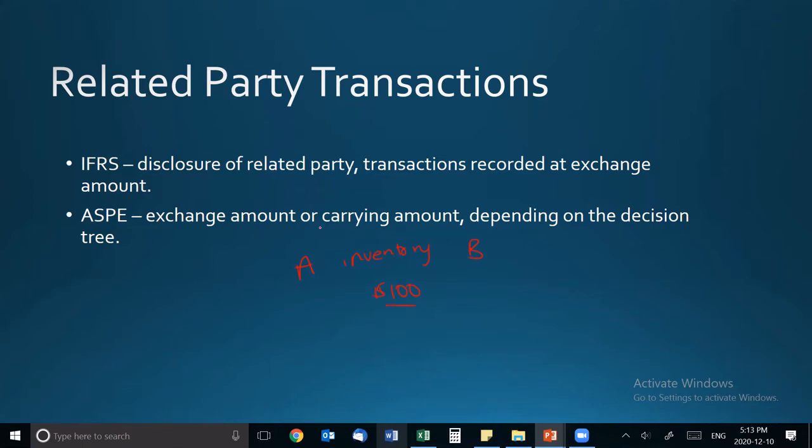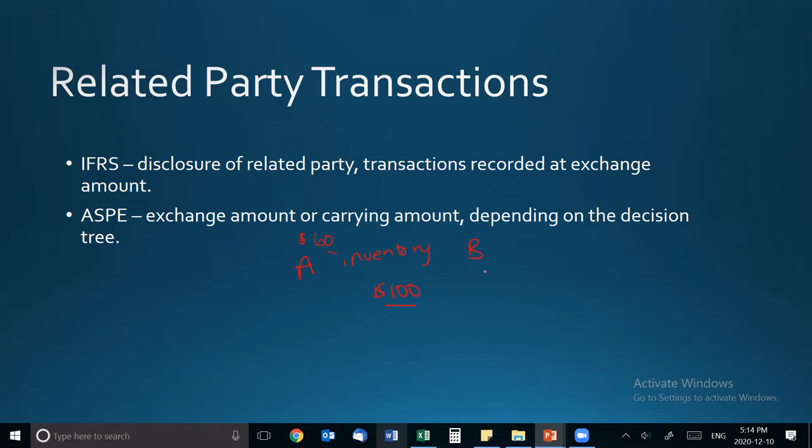So it's either the exchange amount, or the carrying amount, which is $60, for example. That's how much it cost to make or buy the inventory. And then under ASPE, we're either going to use the $60 or the $100, and it depends on the decision tree that you have to go through.